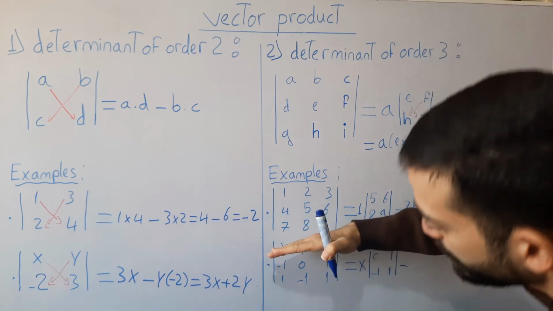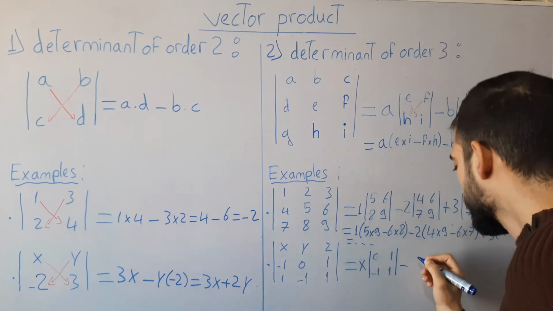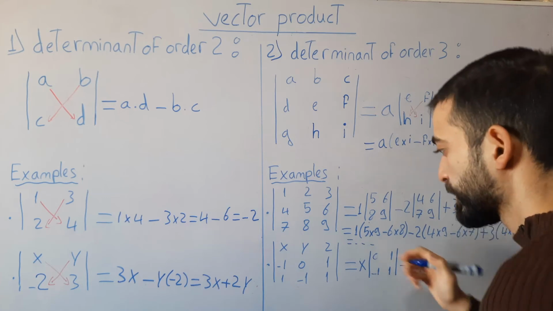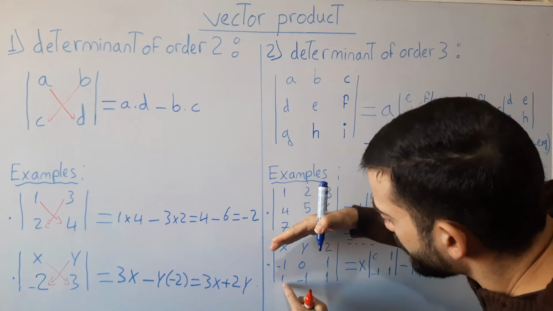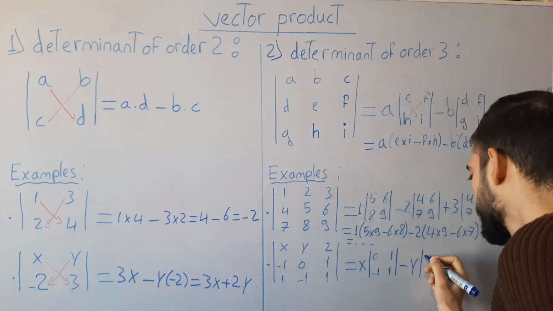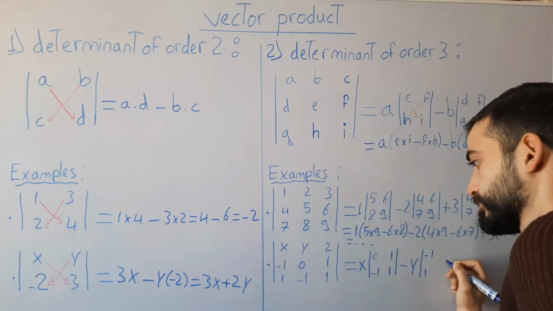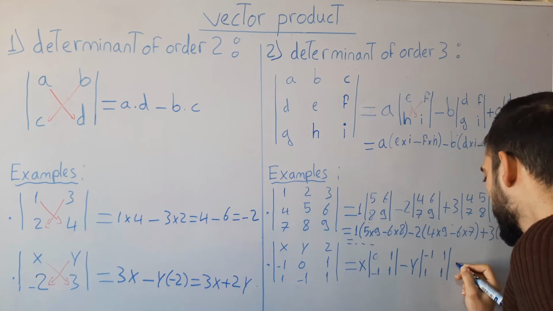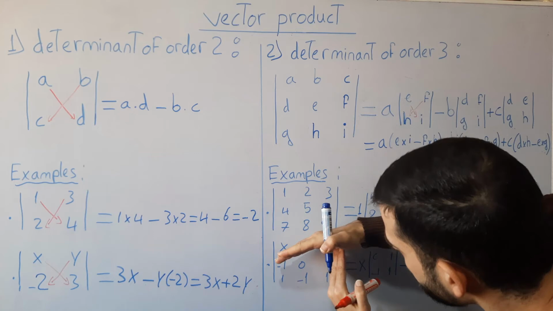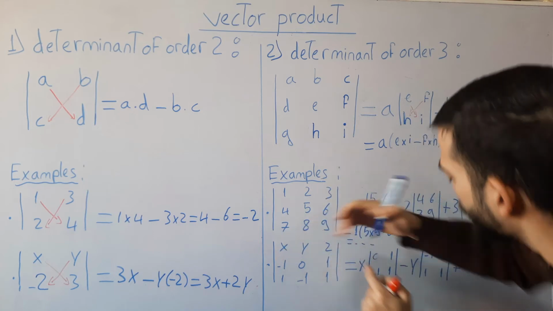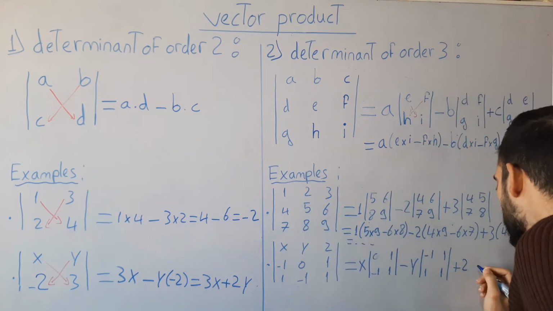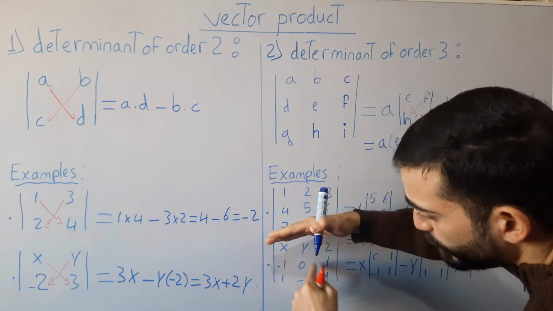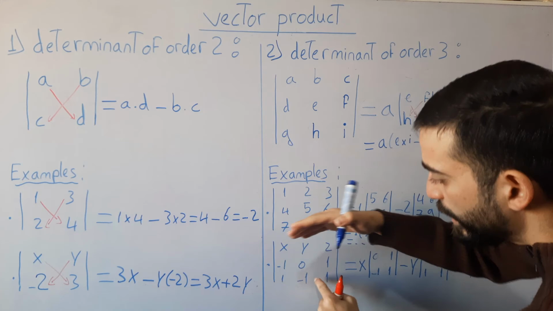Minus y, what remains? Minus 1, 1, 1, 1. Plus, the intersection is 2, so 2. What remains? The determinant of order 2, minus 1, 0, 1, minus 1.